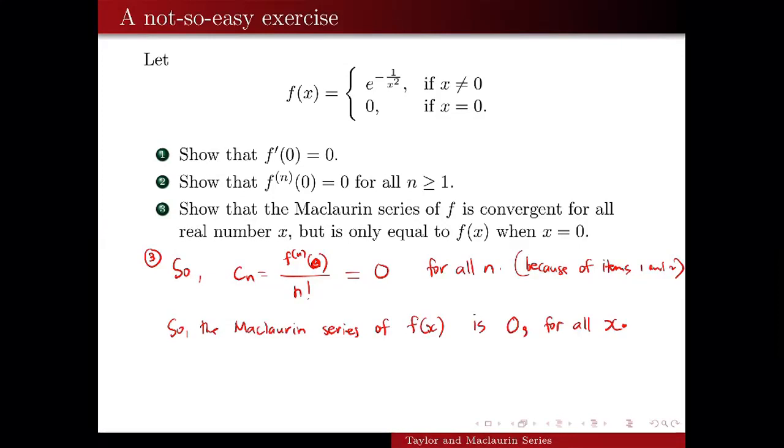If it is just 0, then it is convergent because you have a sum. The sum is just 0. But the Maclaurin series of f is constant, but your function f is not constant. It's this if x is not equal to 0. It is 0 when x equals 0. So that's the only time that they are equal.